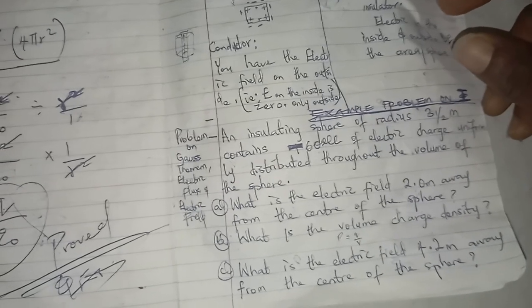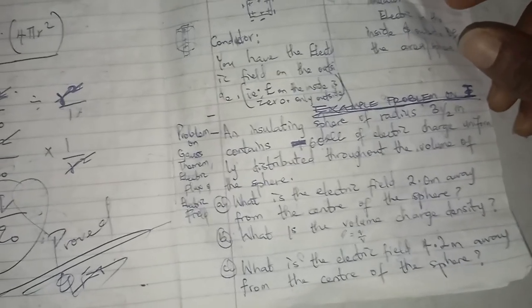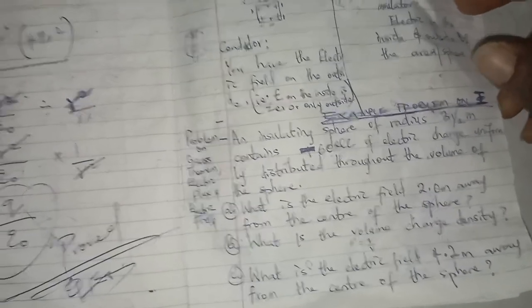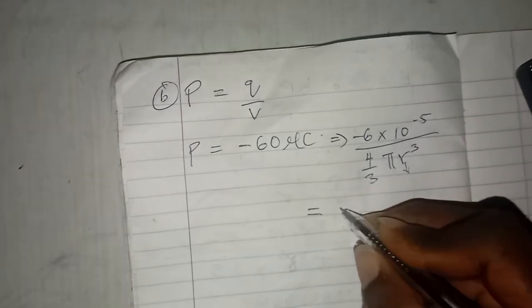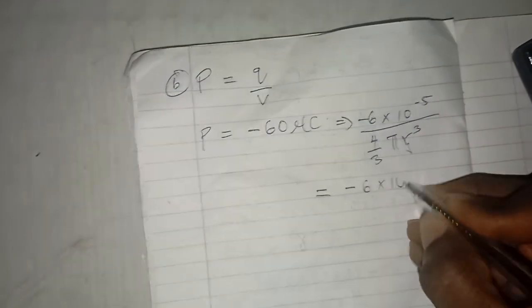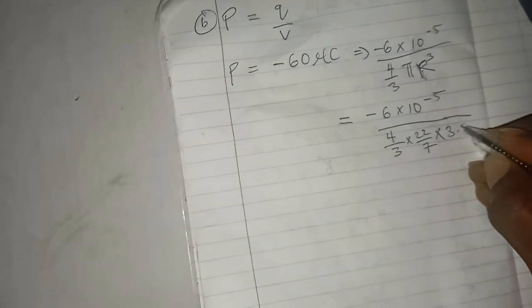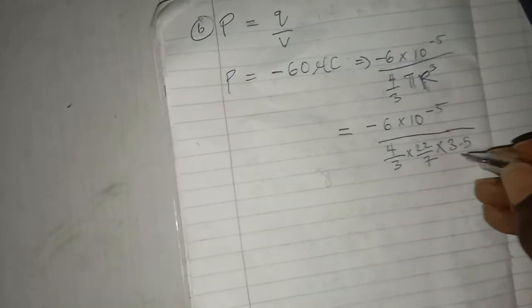So the radius I'm going to use when calculating the volume charge density of this insulating sphere is 3.5. So I will now do rho equals minus 6 times 10 raised to power minus 5 all over 4 over 3 times 22 over 7 times r cube, which is 3.5 raised to power 3.